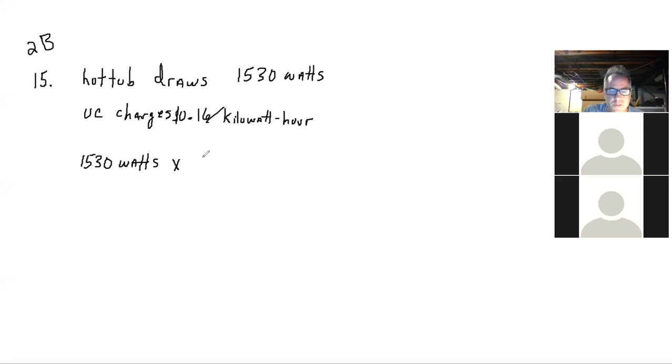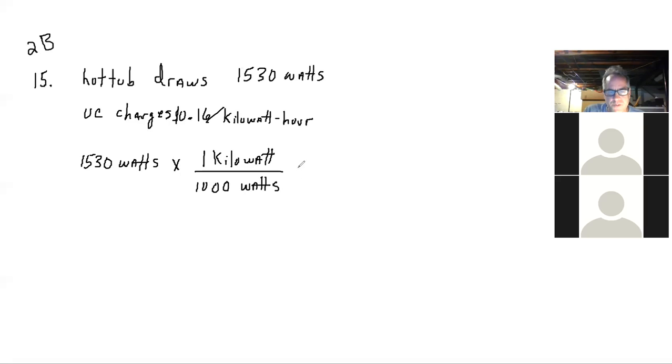Kilowatts. 1 kilowatt, that is 3 decimal places, so it is 1,000 watts. These are equivalent, but that gets my watts to cancel out, and it gets me my kilowatt up top.